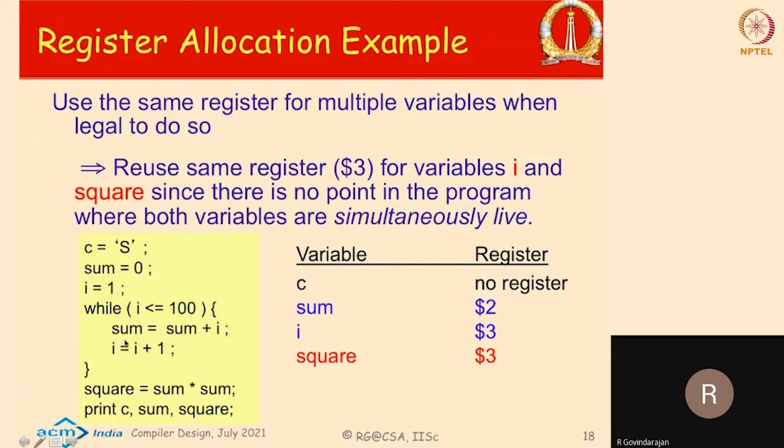It is I here, it is I here also. So you are going to talk about whether to allocate a register to I or not. This is the simplest way by which you will deal with it.